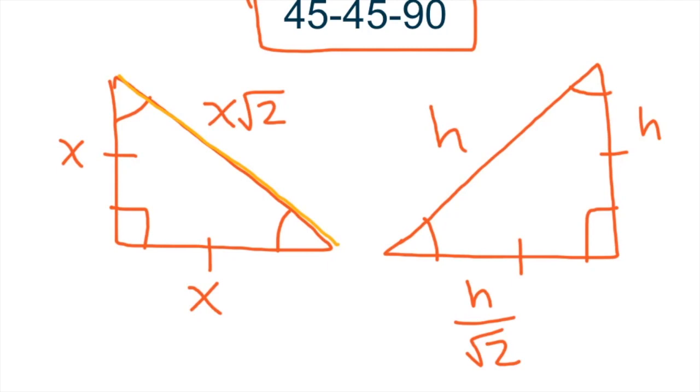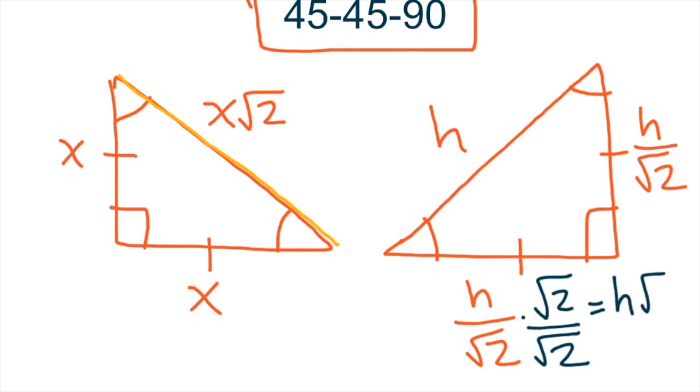But remember, when you're dividing by the square root of a number, you have to rationalize. In order to rationalize, you would multiply the numerator and the denominator by radical 2. This will always result in h times the square root of 2 divided by 2.